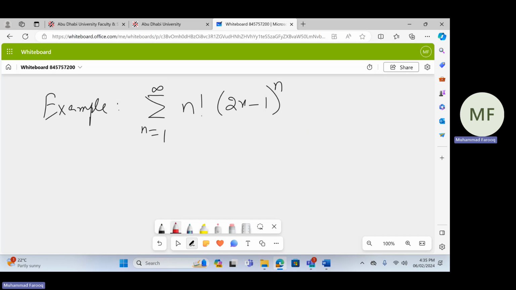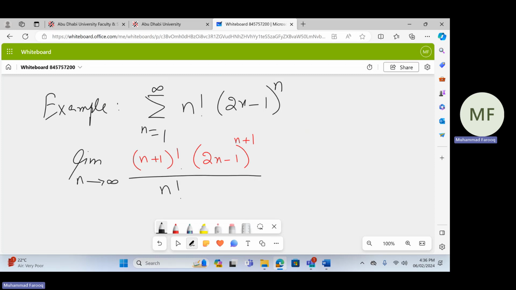Yes, you're right. The calculation of the ratio test: a sub n plus 1 is n plus 1 factorial times 2x minus 1 to the n plus 1. Now this should be divided by the given a sub n. So I'm applying the ratio test, which is the limit as n approaches infinity of the absolute value of a sub n plus 1 divided by a sub n, which is n factorial times 2x minus 1 to the power n.